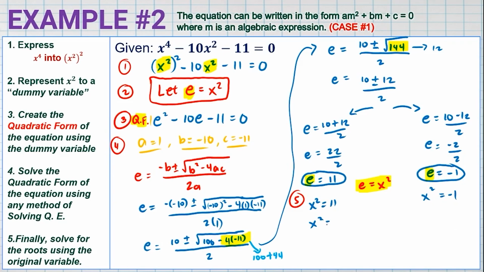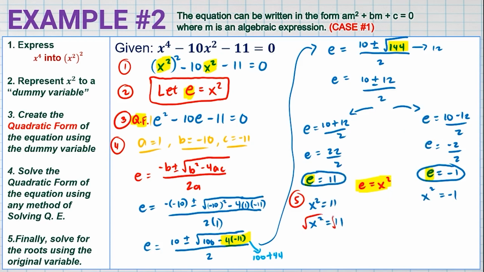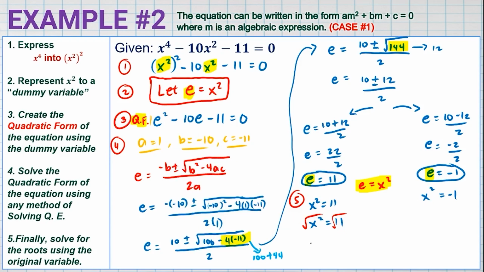Sa left side, x squared is equal to 11. So, we get the square root of both sides. To solve for this equation, extracting square root tayo. Then, we'll be having x is equal to positive, negative, square root of 11. And since 11 is not a perfect square naman, dito naman, we get the square root of both sides ulit.